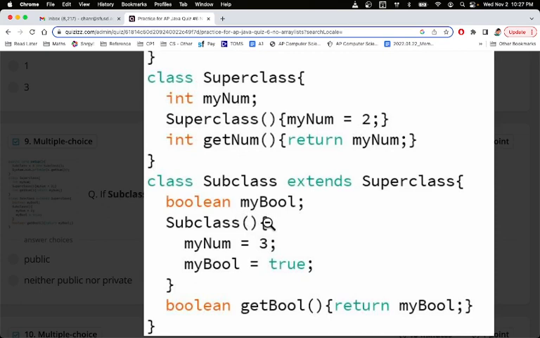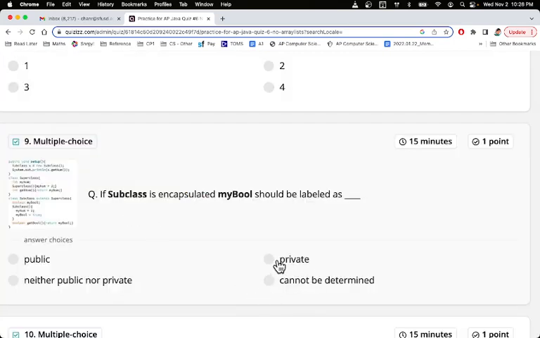It is not expected that you know encapsulation for this week's quiz, but for the following one you will have to know it. As general guidance, member variables are private, member functions are public, and that includes a constructor. In this particular question we're interested in my bool that belongs to a subclass. The answer here is that it should be labeled private.